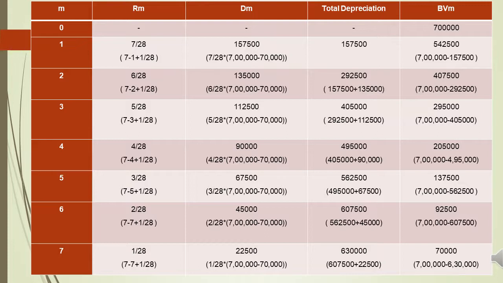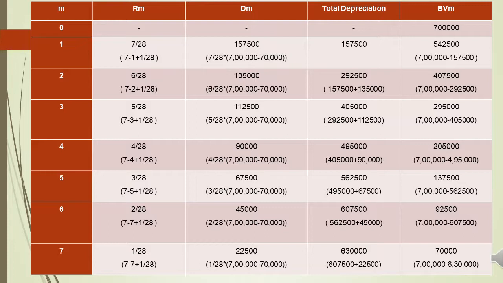For the 0 year, whatever instrument, vehicle or machine you purchase, there is no depreciation. So in the RM, DM and total depreciation columns, please mark dashes. For book value, you can write 7 lakhs, as given in the question.